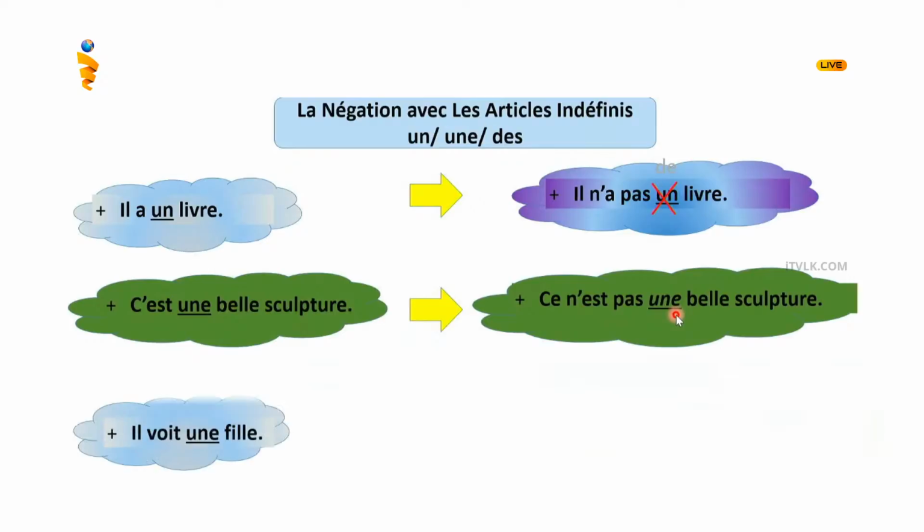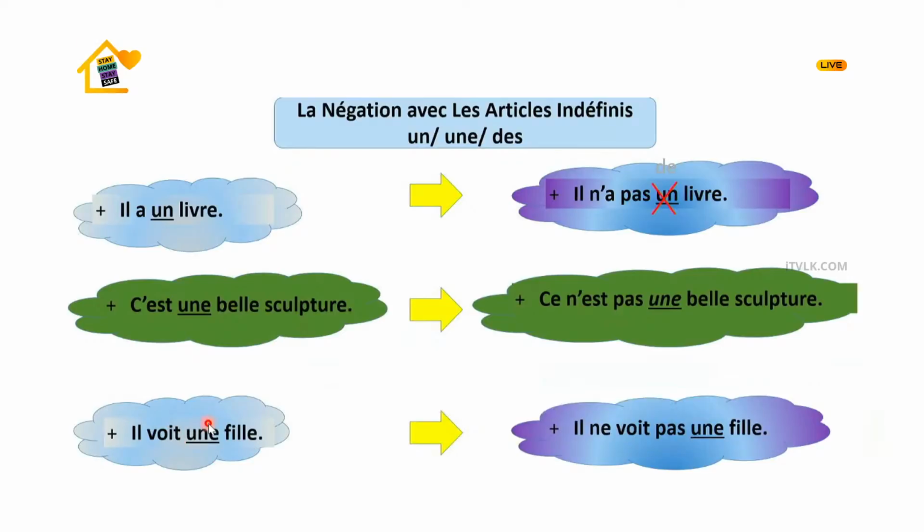Another example, il voit une fille. He sees a girl. So even there, the verb is voir, and you are having the indefinite article une. So what is your sentence in negation? Il ne voit pas une fille. He doesn't see a girl. Ne voit pas.